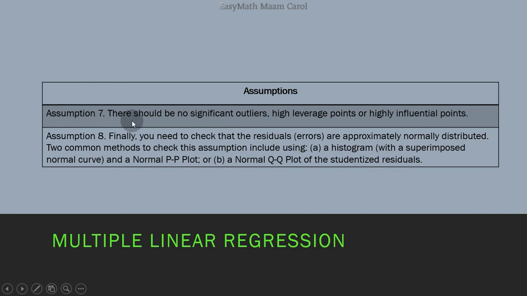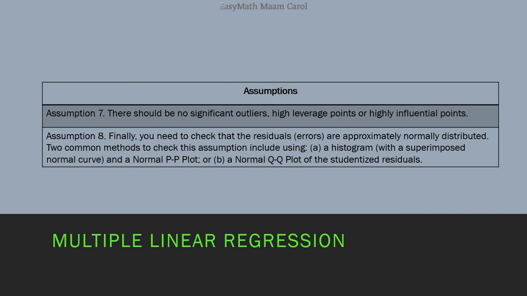For assumption 7, there should be no significant outliers, high leverage points, or highly influential points. As stated in any other statistical test, outliers are removed. And then finally, you need to check the residuals are approximately normally distributed, either from a histogram and a normal PP plot or a normal QQ plot.